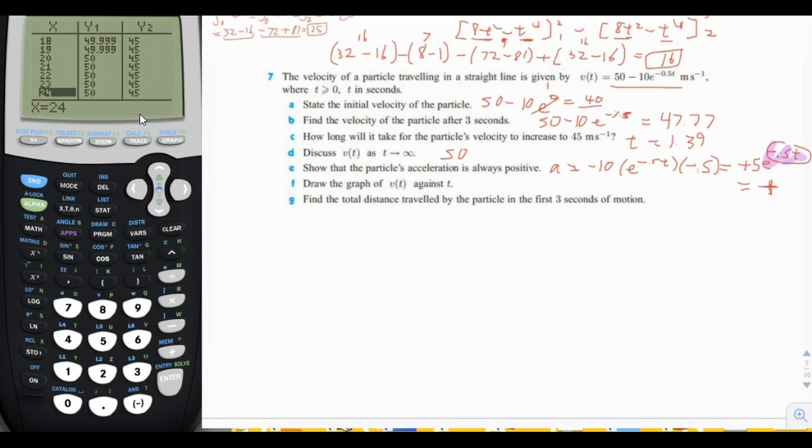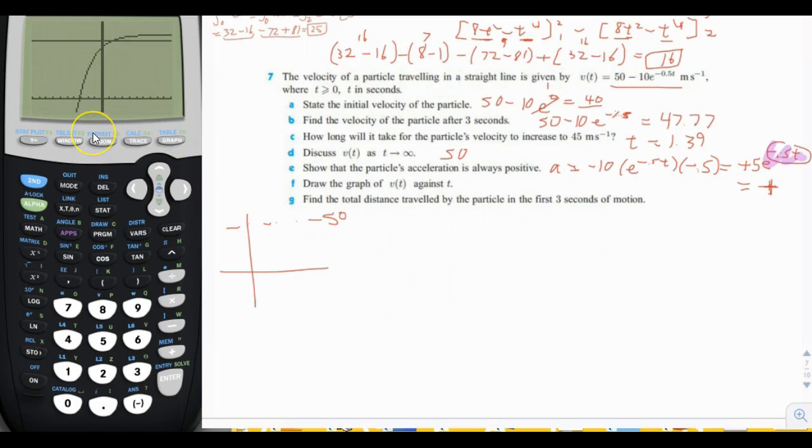Draw a graph of v of t against t. Okay. So we could just copy what's in the calculator. There's an asymptote at 50, and let's look at the graph again. And it goes kind of like that. Okay.